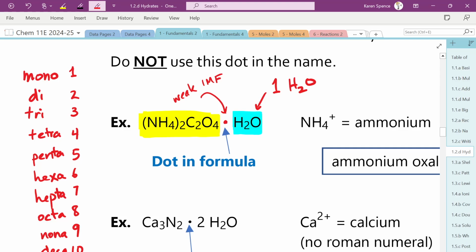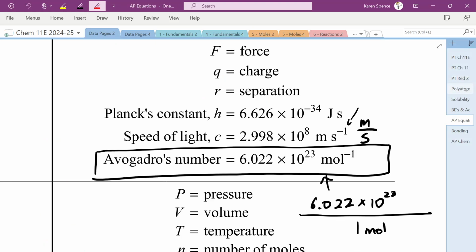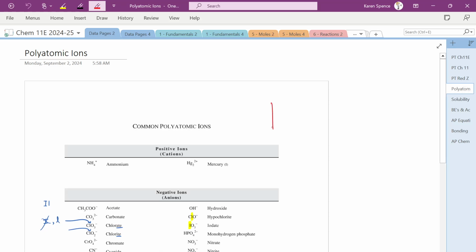Okay, now when we write the name, we don't put the dot in it. We have our cation here, which is ammonium. How would I know that if I didn't know that? Where would I look? On your pink sheet, on page 3.